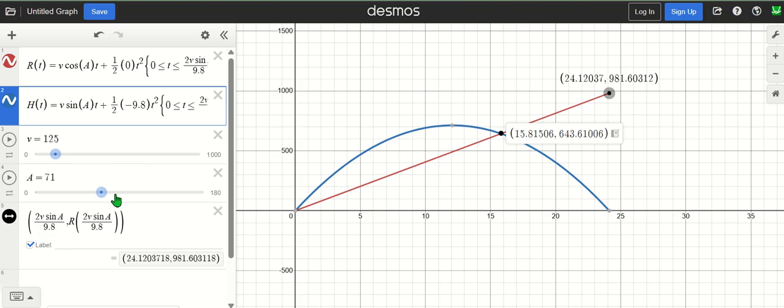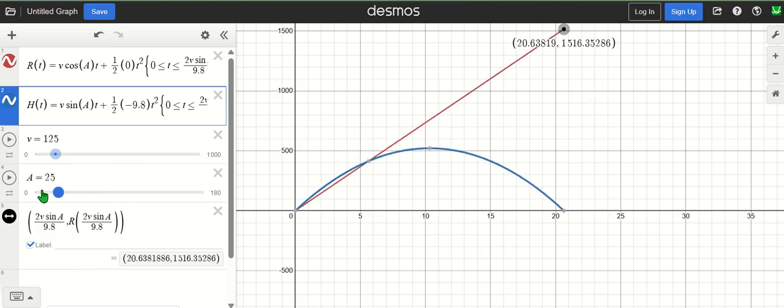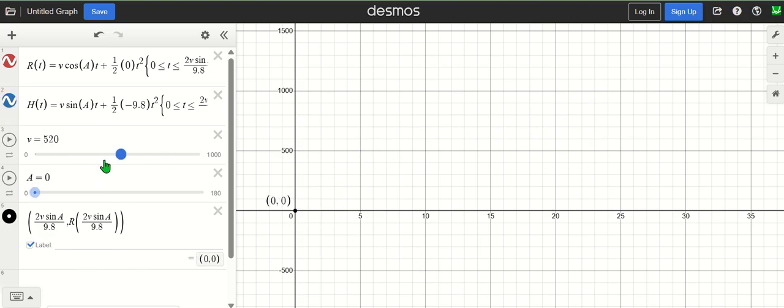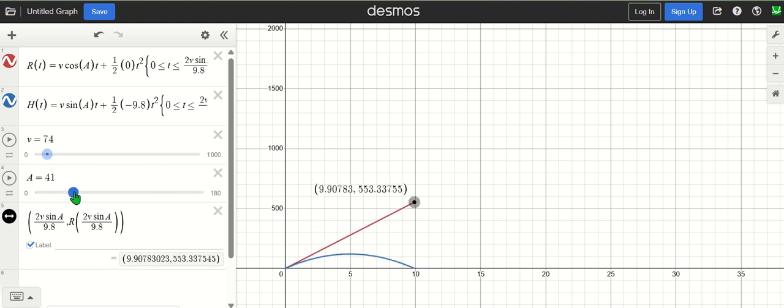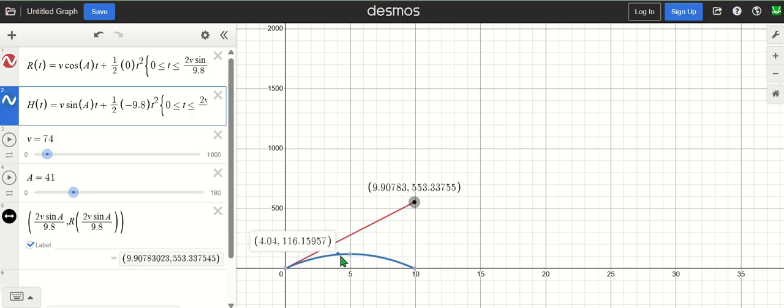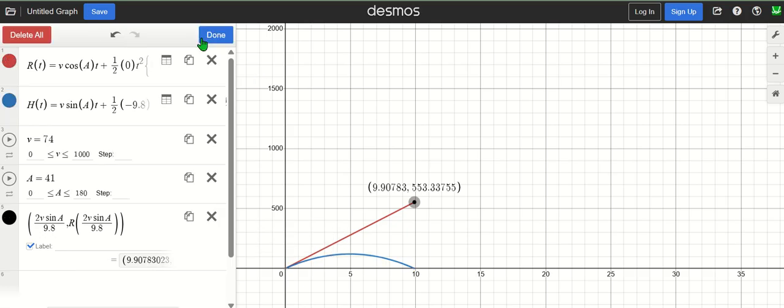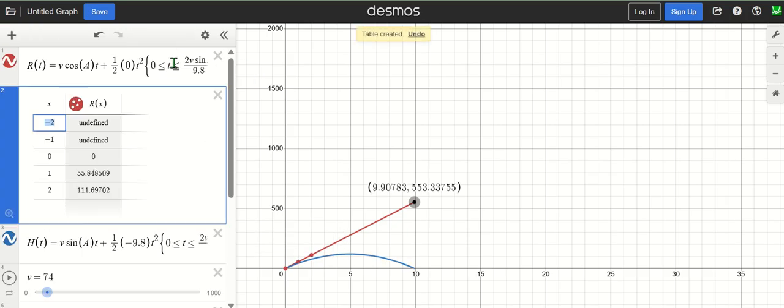Now, this model will work with any angle that we have at any velocity you can think of. You could use this to solve for any projectile question. Just remember that if I have, let's say, a velocity of 74 at an angle of 40, I could find my position horizontally and vertically at any moment. All I have to do is click onto those graphs and drag, and it'll show me at any minute. Another thing I could do is make tables for both of these.